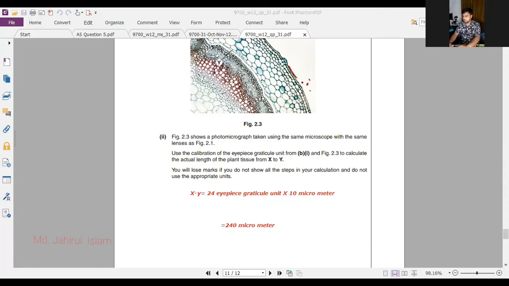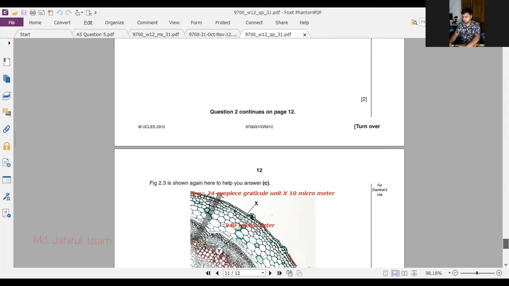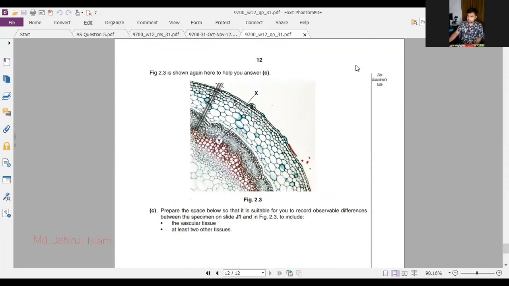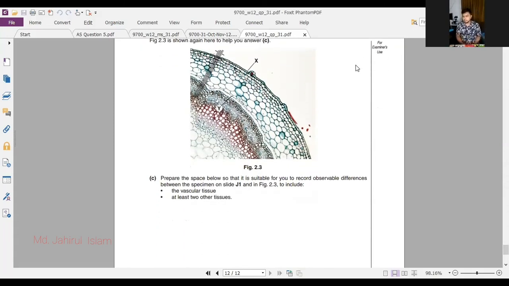Okay, and I'm going for the next part. I will be a little bit in a hurry. For the next part you will observe that same picture 2.3, and you will prepare a space below so that it is suitable for you to record observed differences between the specimen on the slide Z1 and the figure 2.3, to include the vascular tissue and at least 2 other tissues.